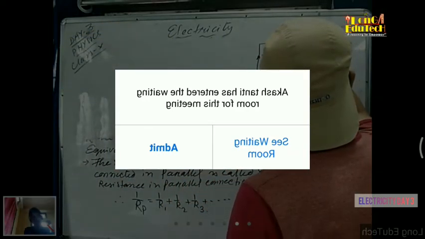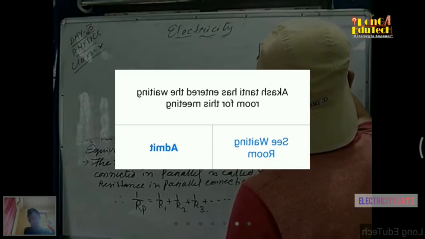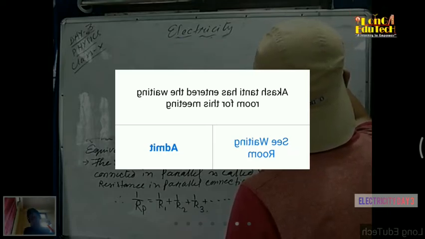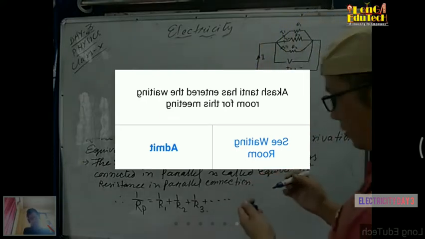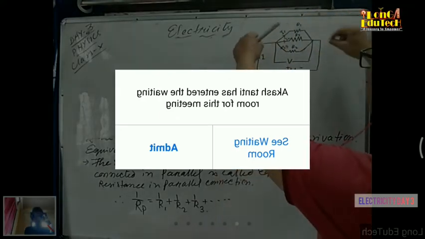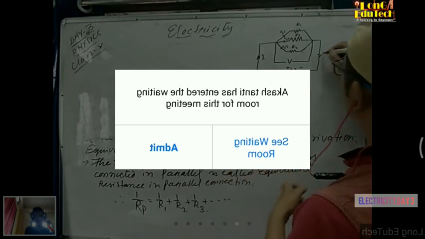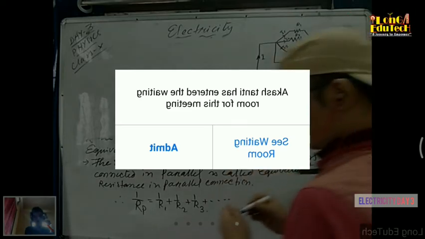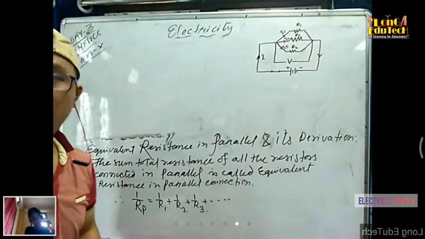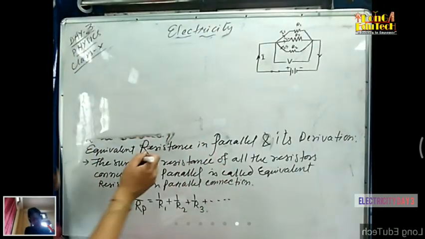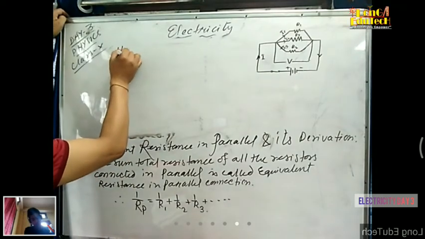This is I1, this is I2, and this is I3. Because they are connected from two common endpoints, all of them get different currents, but the same voltage is there. Okay, so this is the point, and here are the derivations.